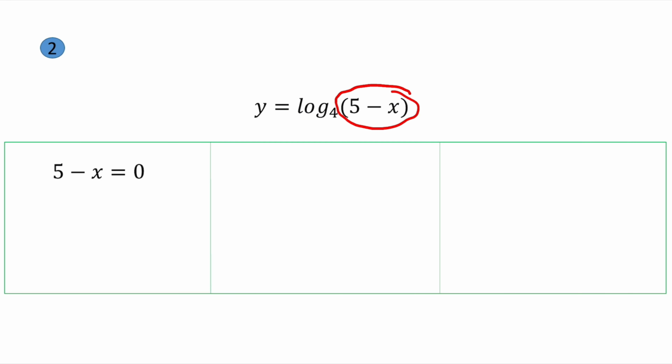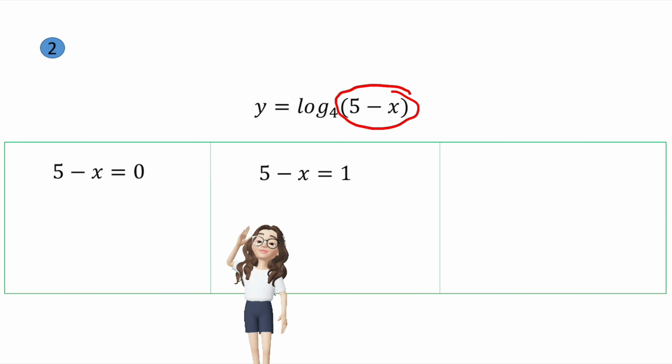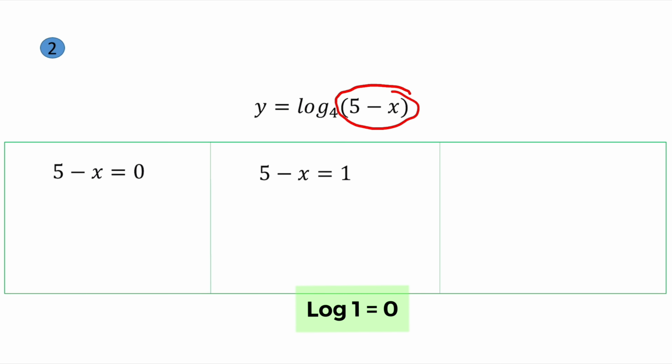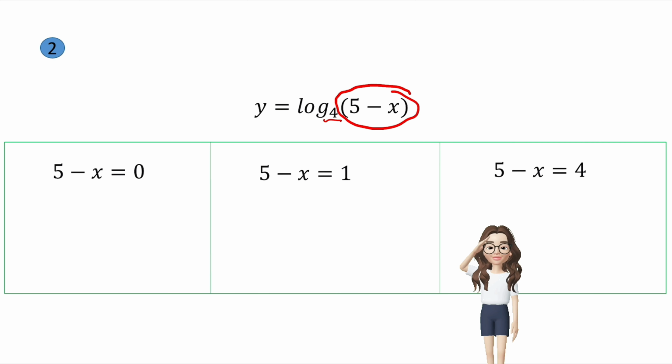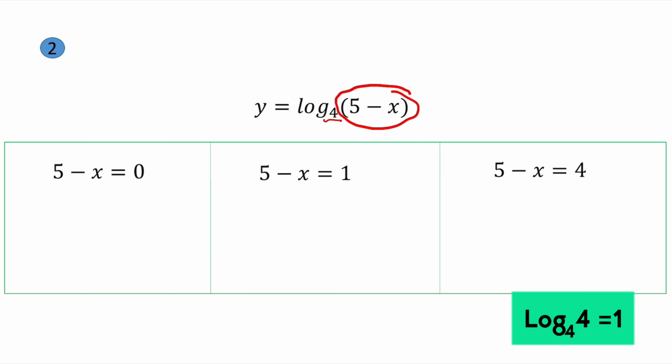First, we will equate 5 minus x to 0 so that we will be able to locate where our vertical asymptote lies. Next, we will equate the expression to 1 because the logarithm of 1 with any base is equal to 0. And last, we will equate the expression 5 minus x to its base, which is 4, because the logarithm of 4 with the base 4 is equal to 1.